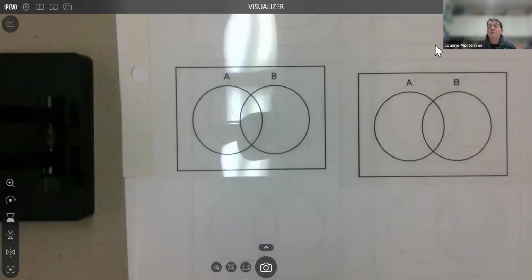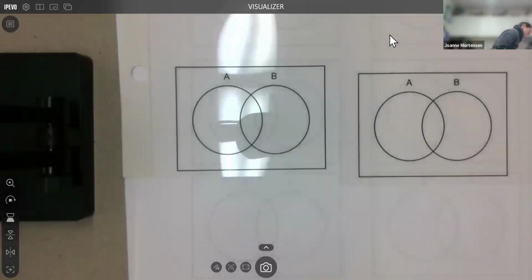I need to pause this because I need to go get something. It's not working. I'm just going to disappear for a sec. I haven't gone anywhere.